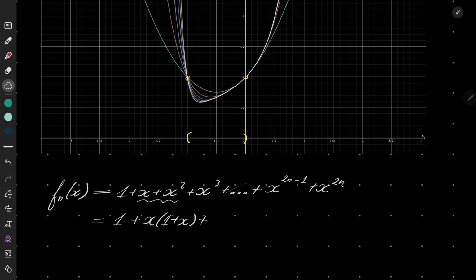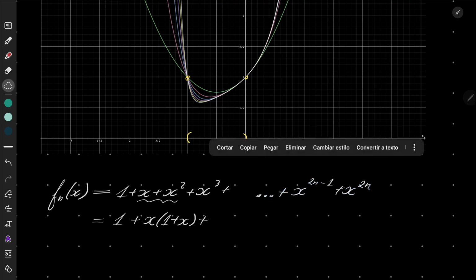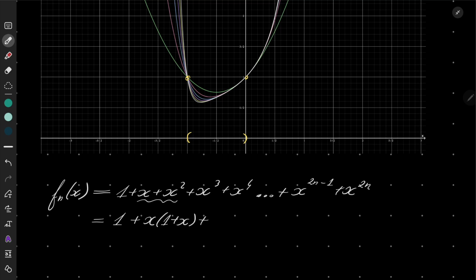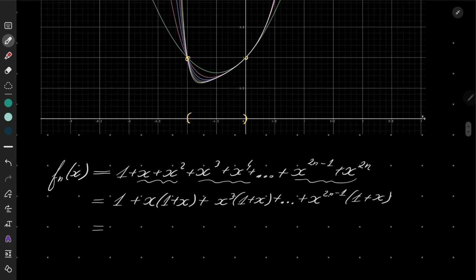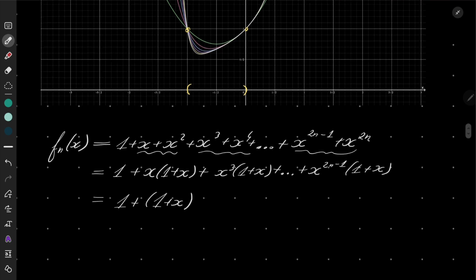From the next two terms I will factor out x cubed, and I will have 1 plus x as well, and so on. Finally, from the last two terms I will factor out x to the power 2n minus 1, 1 plus x. And then I will put 1 plus x in front.